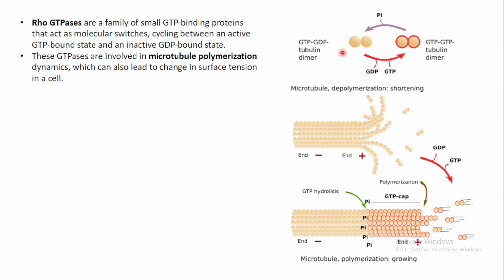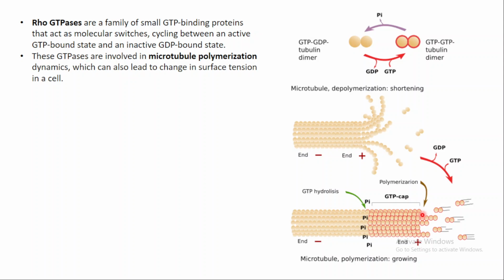Then these GTPases can actually change the state of GDP bound to the dimer or GTP bound to the dimer, thereby providing the subunits for microtubule polymerization at one end and depolymerization at the other end. GTP hydrolysis will form the minus end where we have depolymerization, while at the plus end GTP bound tubulin units can come and polymerize to form the growing end of the microtubule.